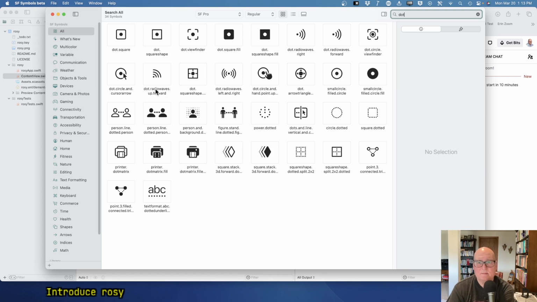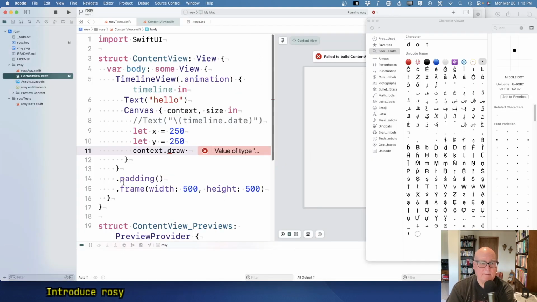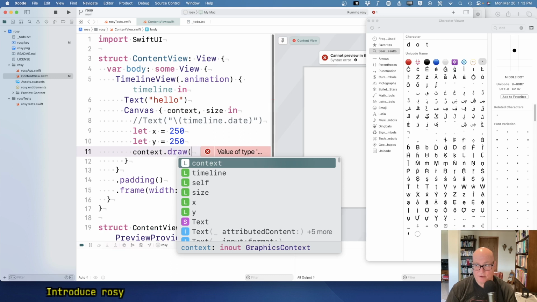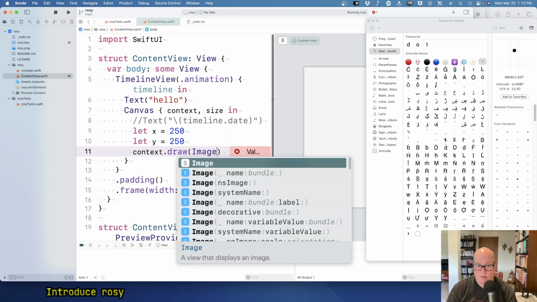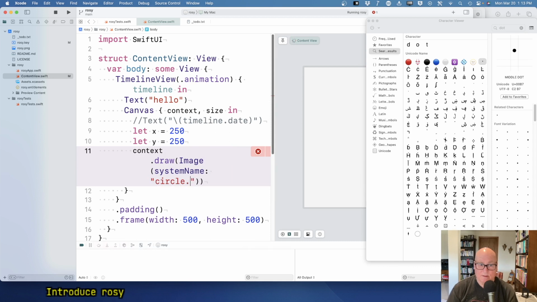Okay. Maybe we can try circle. Circle.fill. Okay, let's try that one. Let's see. That would be Image, system name circle.fill.